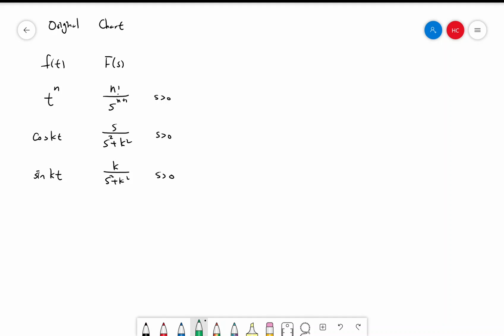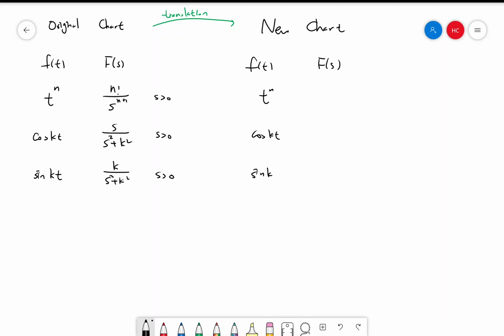But since we just introduced the theorem, we can do a translation. And we get a new chart. The new chart has the same function on the left, except it's multiplied by e to the at. Then their Laplace transforms are going to be shifted by a, so it's going to be n factorial over s to the n plus 1, but now it's s minus a to the n plus 1.